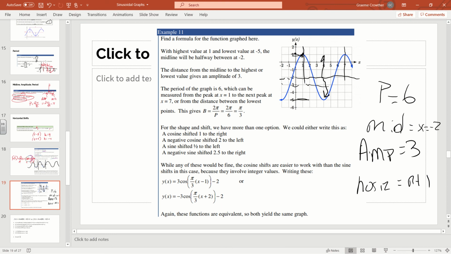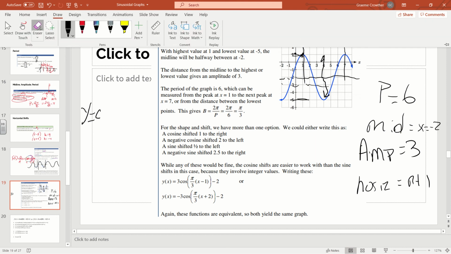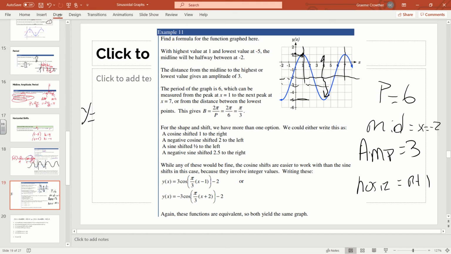So because I'm doing a cosine curve, I have my amplitude first, which is 3 times the cosine. To find my b value, I need to use my period.